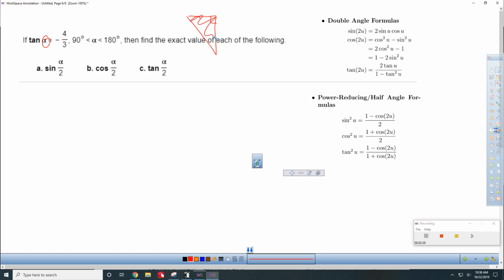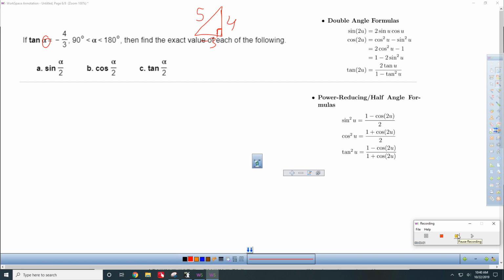So actually, that's wrong. It has to be up and down to the left, like this. This is in quadrant 2, because the tangent is negative. So then this side is -3, this side is 4, and because of the 3, 4, 5 right triangle, the hypotenuse is 5.